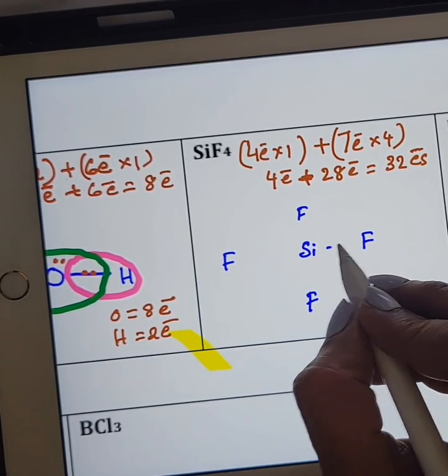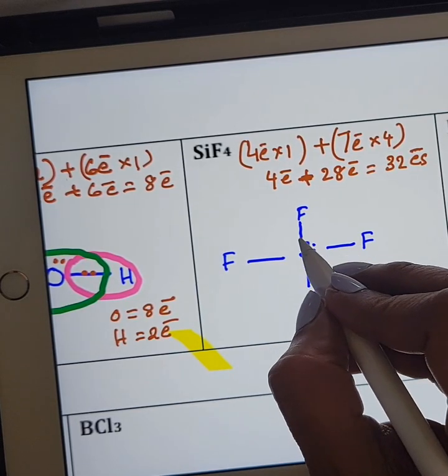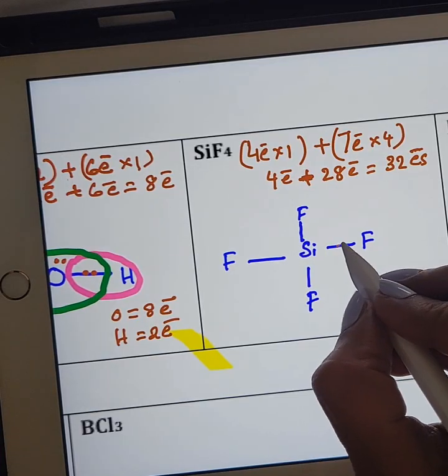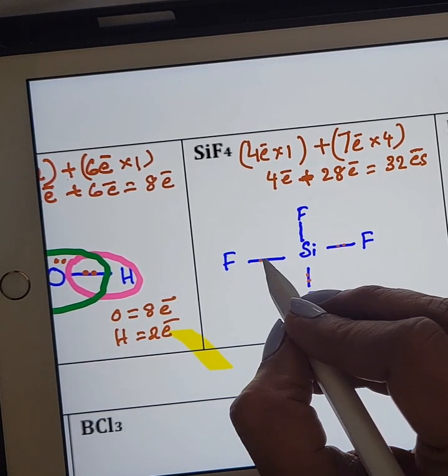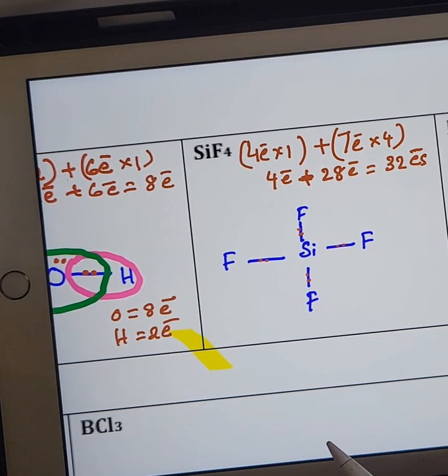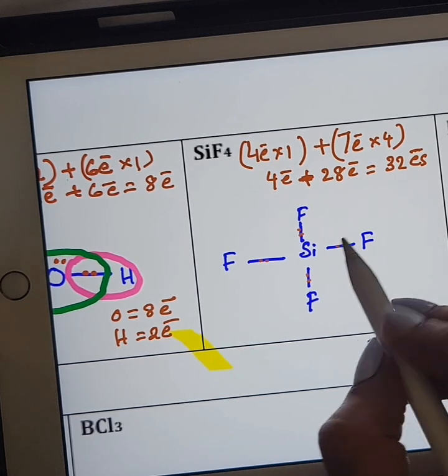Okay, next step, draw single bonds. So let's see how many electrons we used. We used 2 here, 2 here, 2 here, 2 here. We used how many? 8. Now we have so many electrons remaining, almost 24.